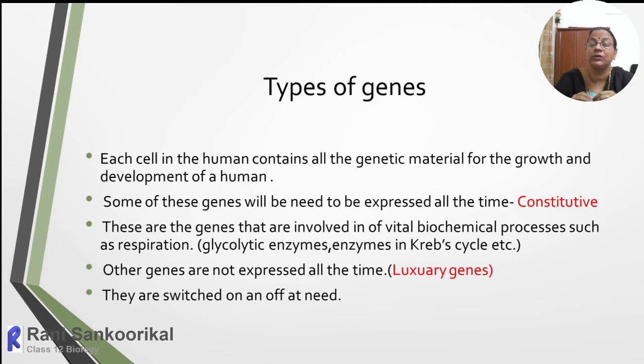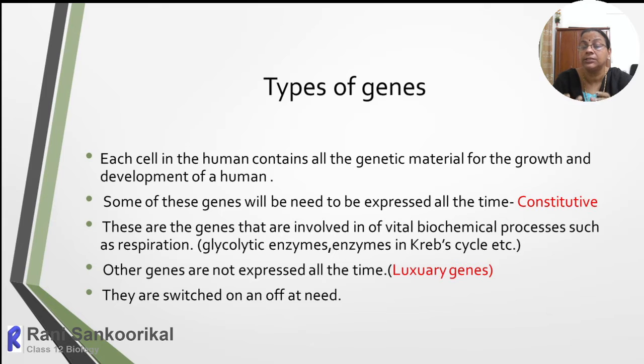So the presence of glycolytic enzymes is compulsory. In the same way, the pyruvic acid has to be converted into carbon dioxide, water and then ATP. Because in order to maintain life in an organism, a continuous supply of ATP is needed. So the production of these two sets of enzymes is essential throughout.